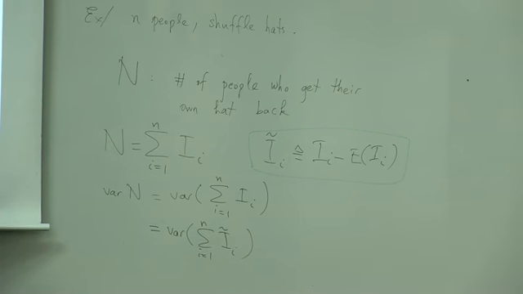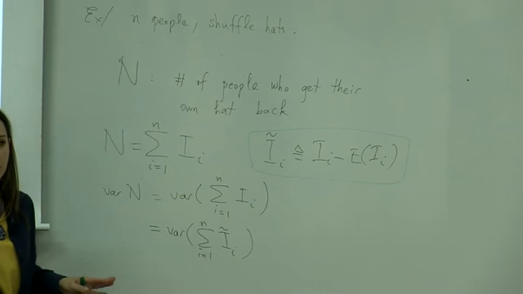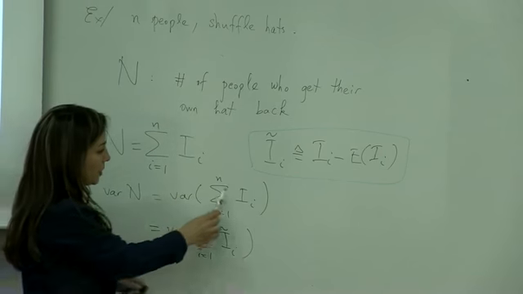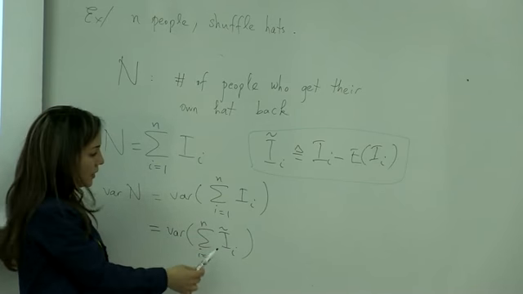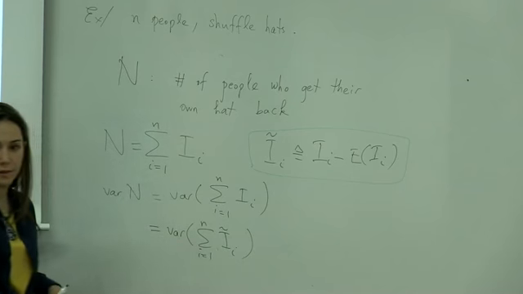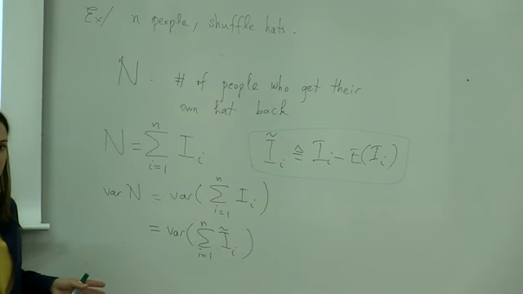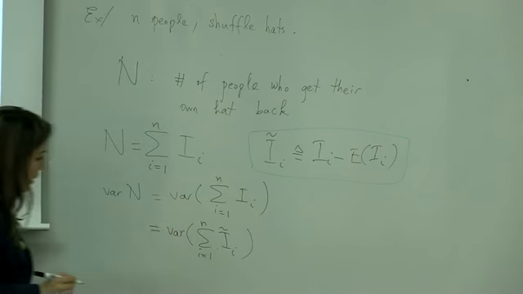Because expectation is a constant. When I take out a constant, this does not change the variance. So when I go from summation of I_i's to summation of I tildes, all I'm doing is subtracting a constant. Okay, and this does not affect the variance. Okay, nice.